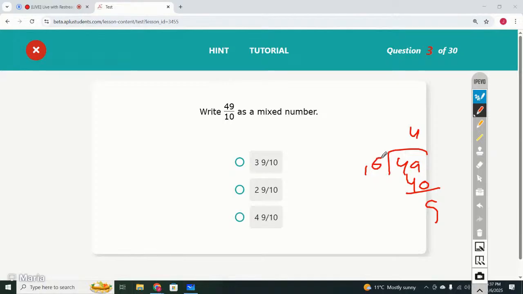We have 9 here, right? So it would be 4 whole 9 over 10. The correct option is 4 whole 9 by 10. Option number 3 is the correct option. Got it?